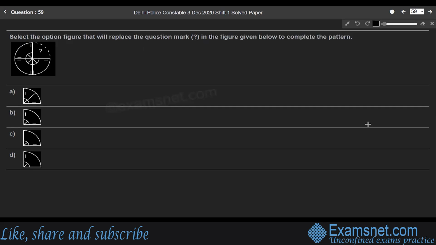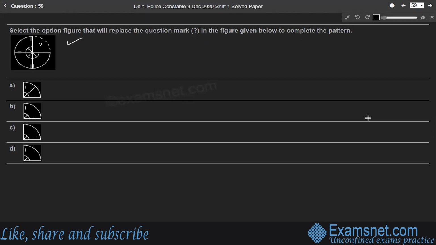Question 59. Select the option figure that will replace the question mark in the figure given below to complete the pattern. So the given figure is like this. To complete the given figure, we have to complete the center circular portion like this, and a tilted line like this from the center, and the circumference portion, right?